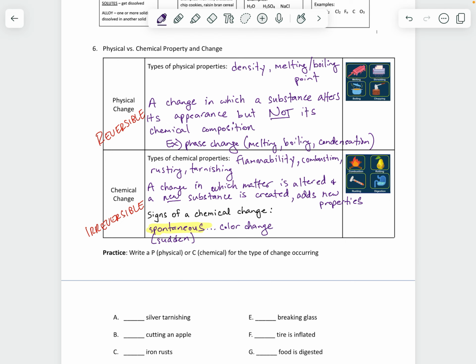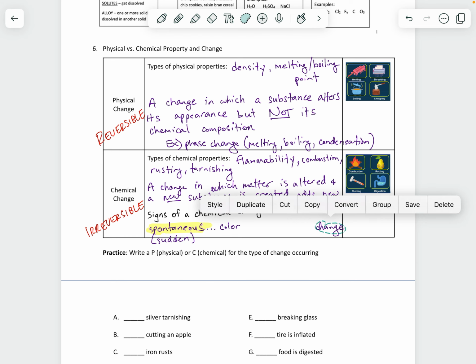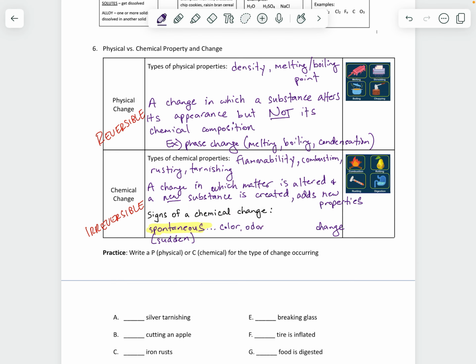All right, spontaneous color, odor, or energy change. Energy can be in the form of a couple of things. Primarily, we will say heat, so something all of a sudden gets super hot, super cold, and light.